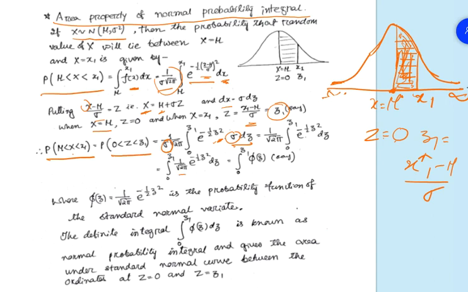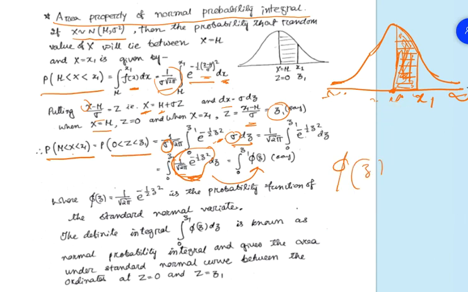Let us take the root 2 pi inside to get the function altogether. We write this as phi of z. That means phi of z is equal to 1 by root over 2 pi, e to the power minus half z squared.